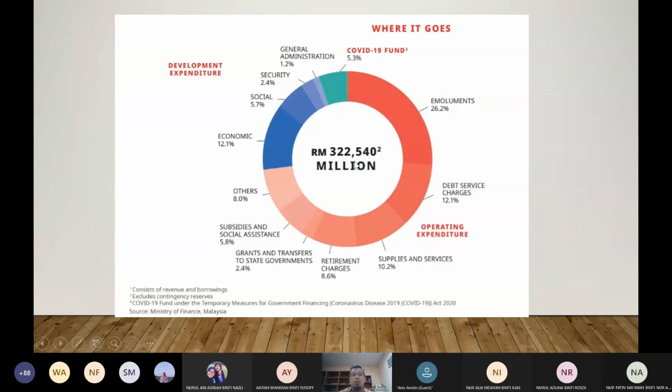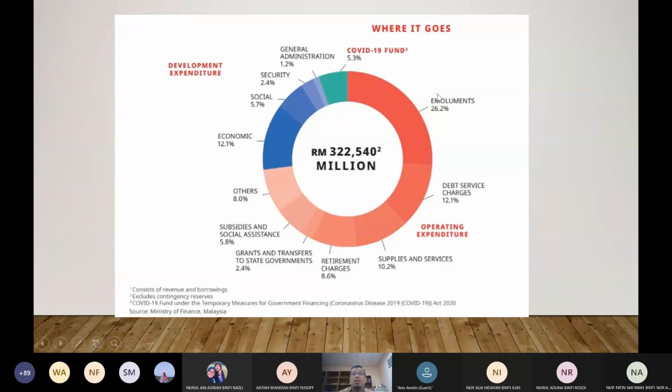But here they just provide the percentage. This figure is also provided by the Ministry of Finance. So you can see there is a specific COVID-19 budget. 5.3% out of 322, so it's around 17 billion, specifically allocated for COVID-19.